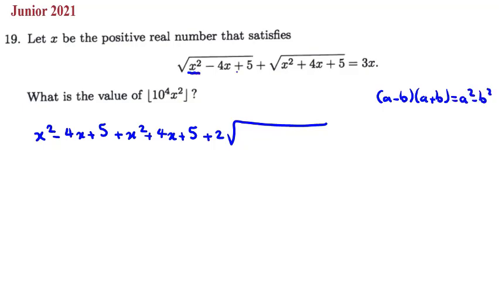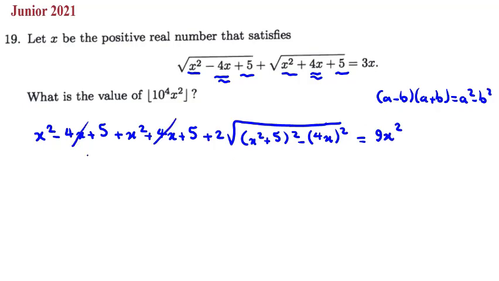So a here is x squared plus 5, and b is negative 4x here and 4x. So it will be (x squared plus 5) squared minus (4x) squared. And we also square the right side, which will be (3x) squared, 9x squared.